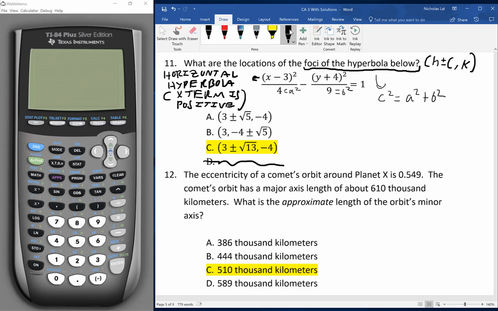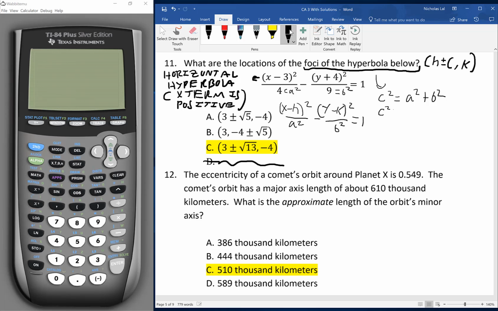So also know the standard form of a hyperbola, for at least a horizontal hyperbola: (x minus h) squared over a squared minus (y minus k) squared over b squared is equal to 1. All right. So c squared is equal to a squared plus b squared.